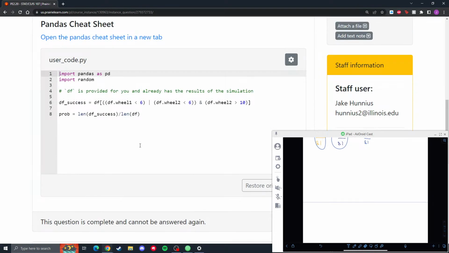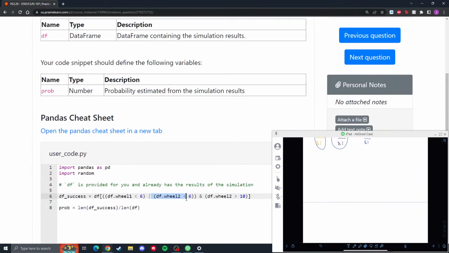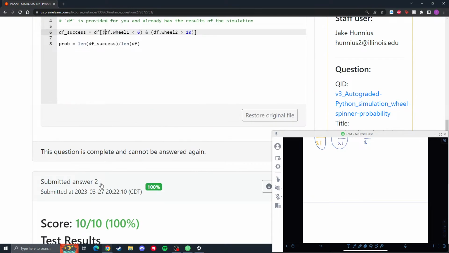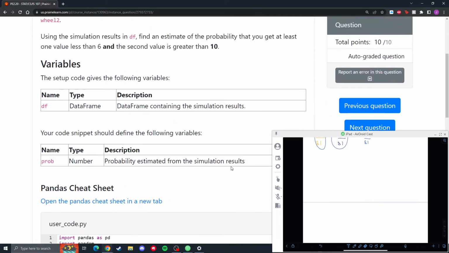There we go. Oh, I guess that works. But you don't need this wheel 2 is less than 6. They do both work, but if it gets confusing, you don't need it.